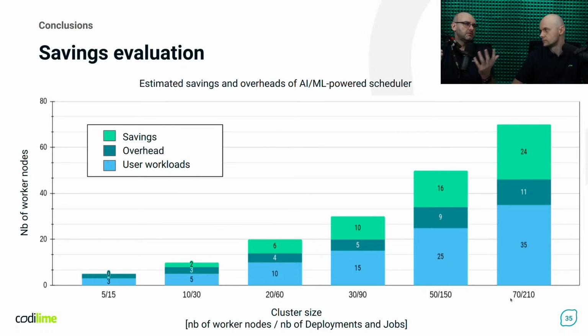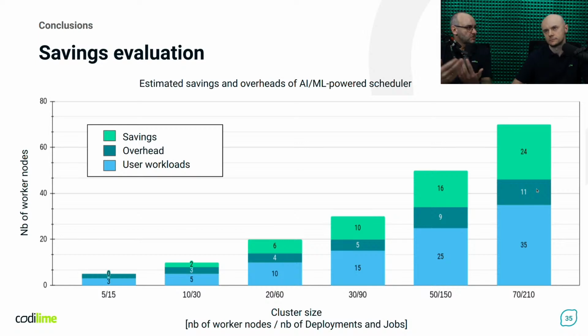Let's say double it. In that way, we can use half of our worker nodes to accommodate the existing workloads. So in the case of the 70-node cluster, we could expect 35 nodes of potential savings.